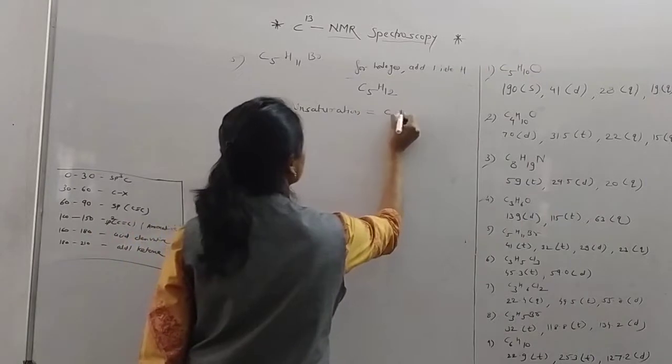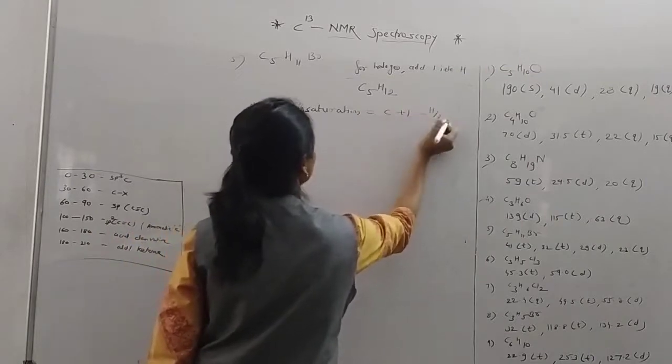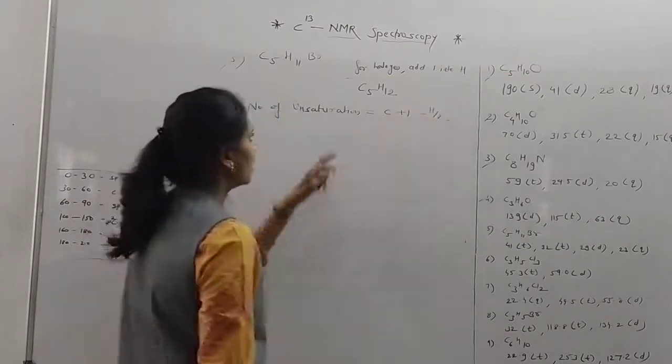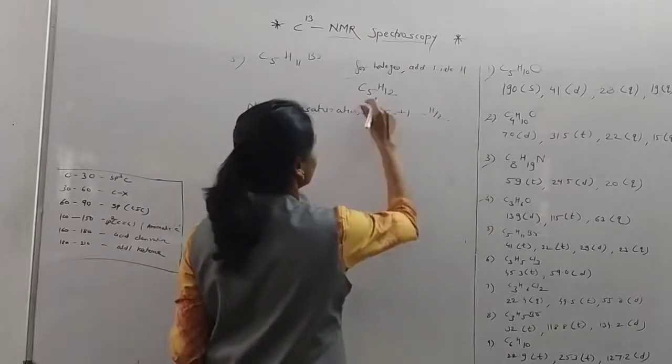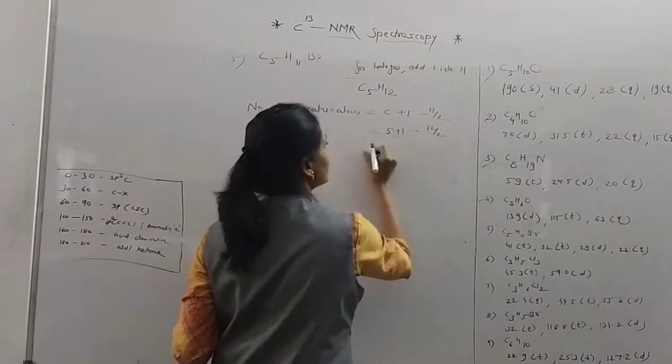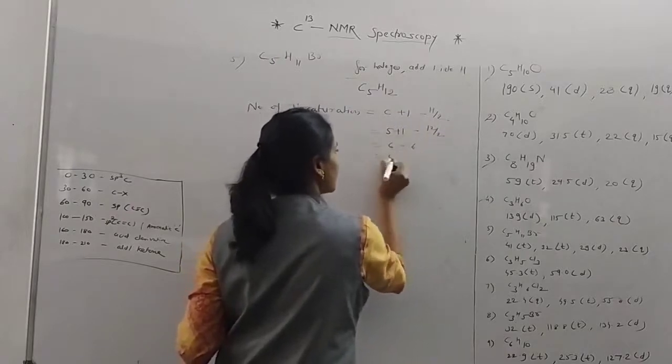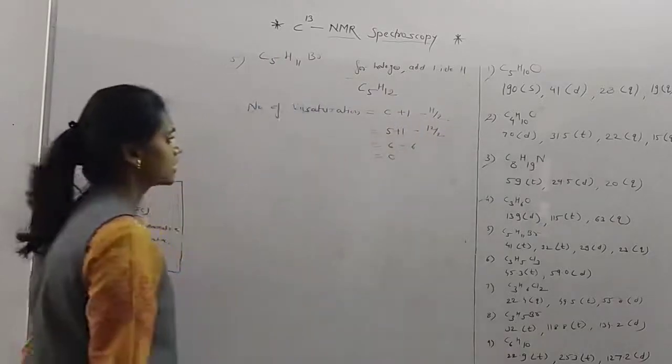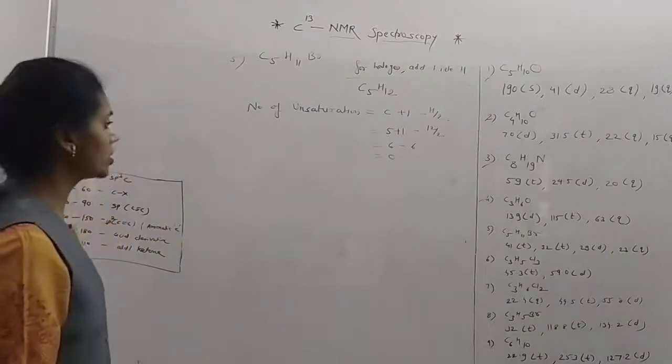Number of unsaturation is C plus 1 minus H by 2. How many carbon? 5. 5 plus 1 minus 12 by 2, that is 6 minus 6 equals 0. There is again 0 unsaturation.